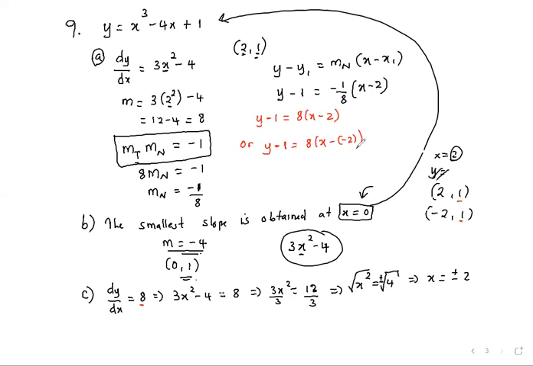So we're picking both points. So the top one, if you want, you can expand. So we have y minus 1 is equal to 8x minus 16. Down, you have y minus 1 is equal to 8x plus 16.